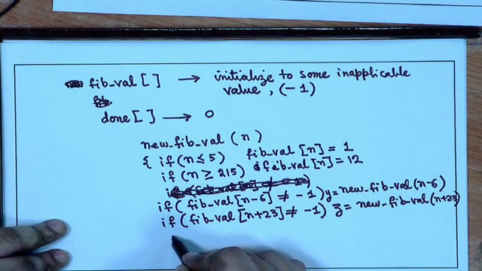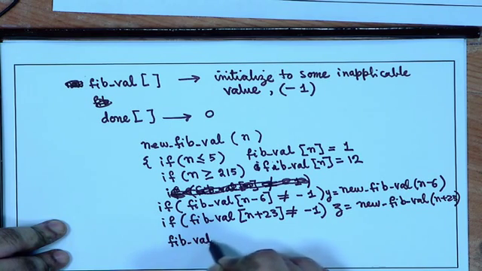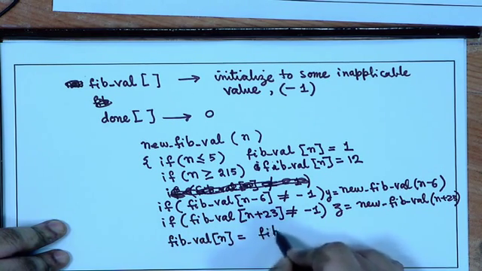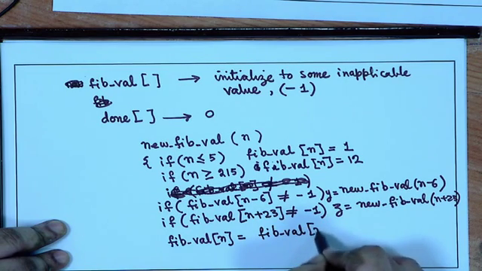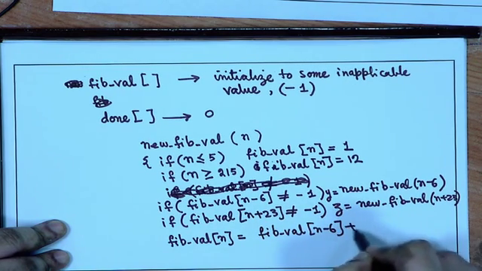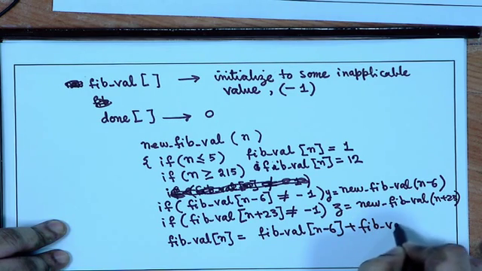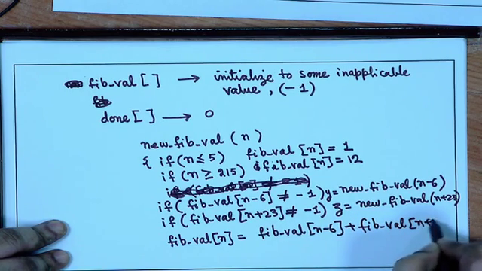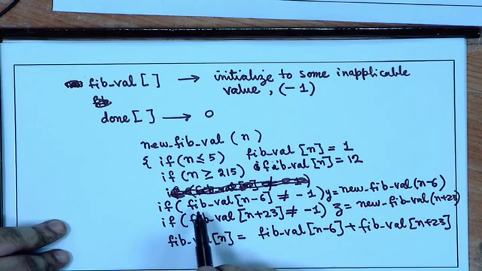Then what we do is, we now assign fib val n is equal to the array fib val n minus 1 plus fib val n minus 2. So, what has this done?